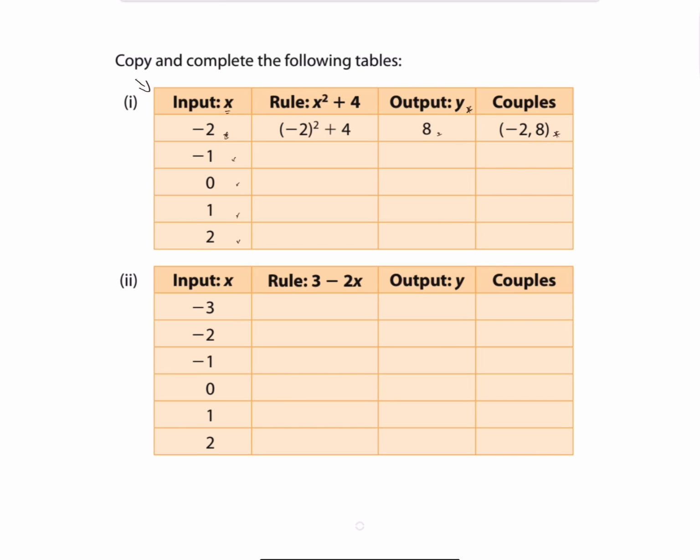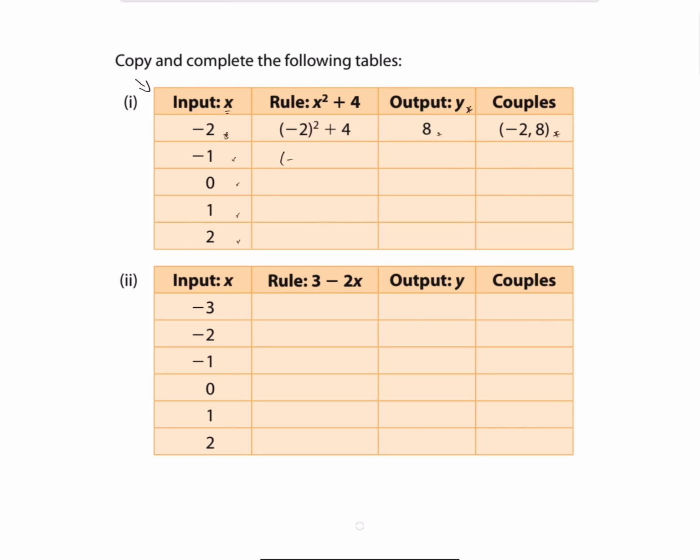So the rule for sum number 1 is x squared plus 4. The question wants us to put in -1 in this line, and a 0 in this line, and a 1 in this line, and a 2 in this line. So for example, -1 goes in here.